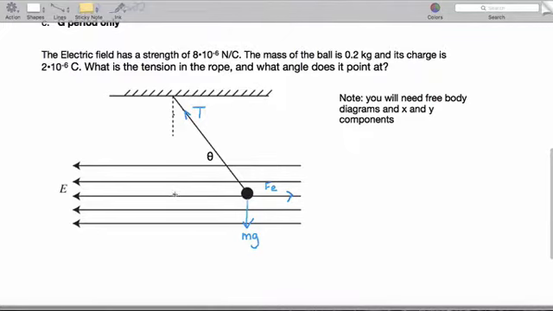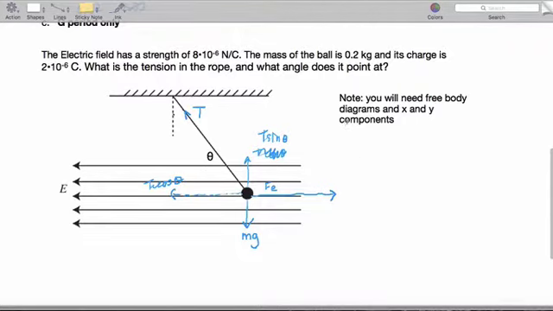What we're going to have here is T cosine theta as the horizontal force, and that's balanced by Fe. And then the vertical force is T sine theta. Sorry, that's not T cosine theta vertically: it's T sine theta vertically, T cosine theta horizontally.